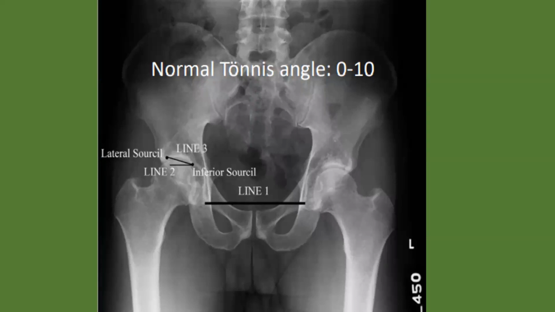Now, you should know the measurements that we use. You should know how to measure the Tönnis angle. You can see the ilioischial line if you want to draw it. The head is laterally displaced. The acetabulum is insufficient.